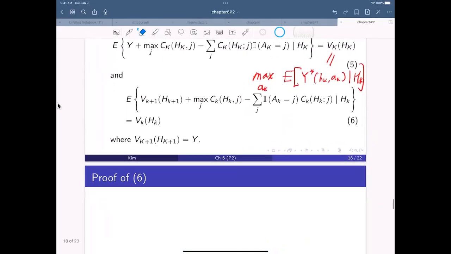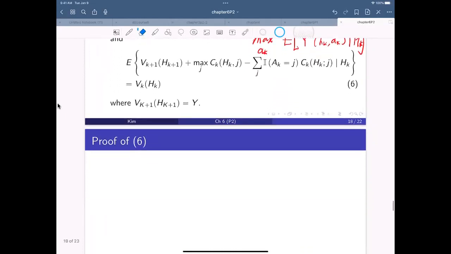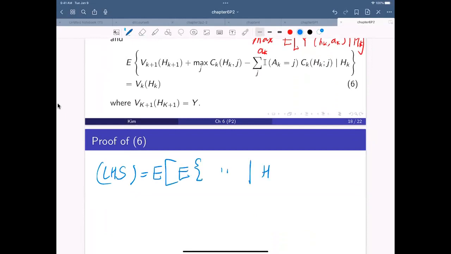So basically, proof of 6. The left hand side, given HK AK given HK, right?